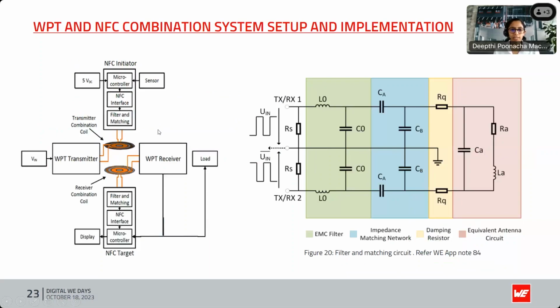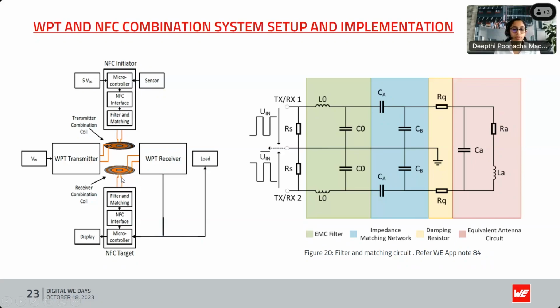Then we have a very special filter matching network, also designed and developed by Würth Elektronik. As you can see in the block diagram, there is a filter matching network on the NFC initiator side and the NFC target side. The reason is that the output impedance of the NFC interface chip is 50 ohms, and we have to match this output impedance with the impedance of the antenna at the NFC side of the coil.